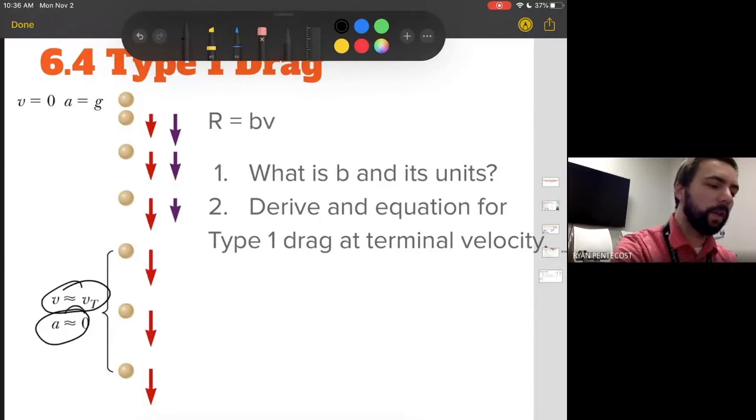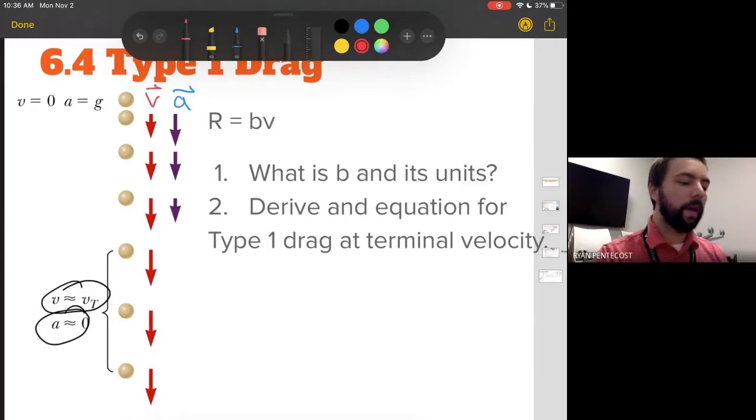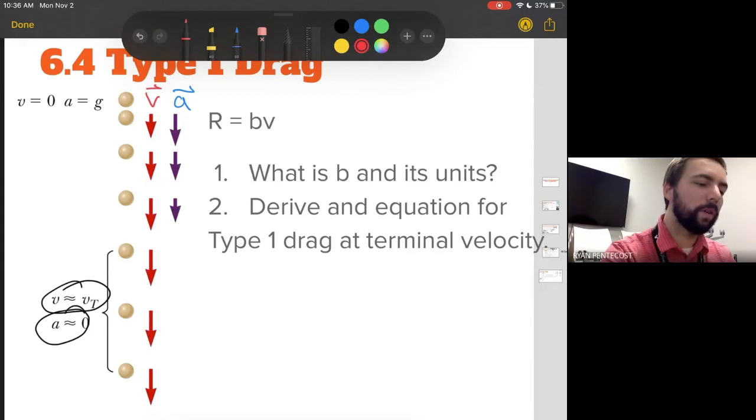So this is your acceleration vector, and this would be your velocity vector. As you can see, the velocity vector hits a point where it just stops getting bigger, and the acceleration hits a point where it gets so small it's now 0. So that's kind of how we can envision terminal velocity there.